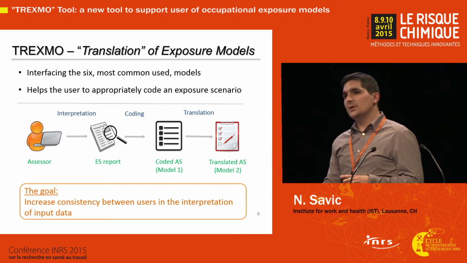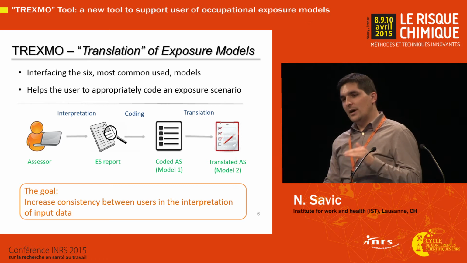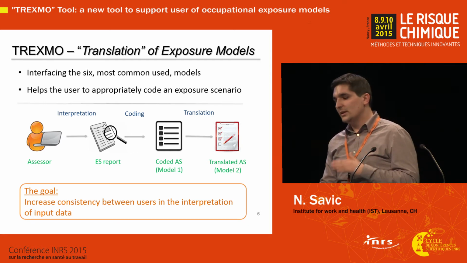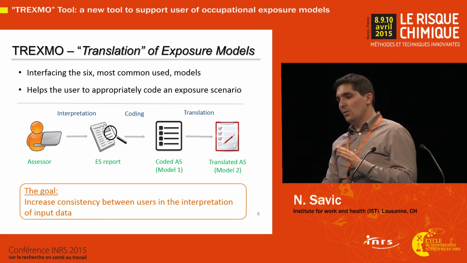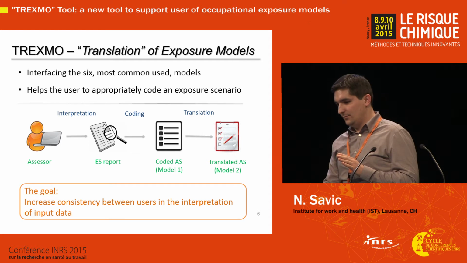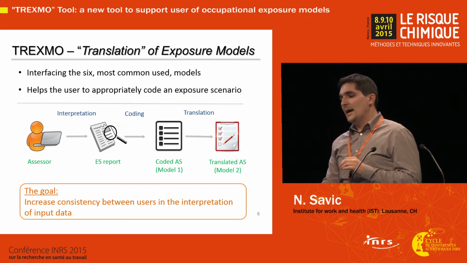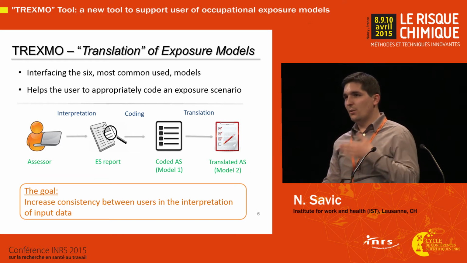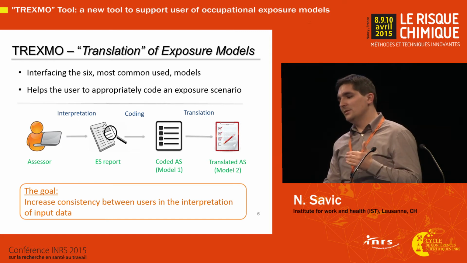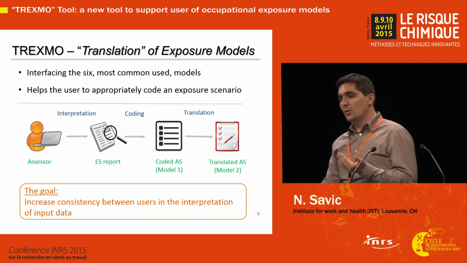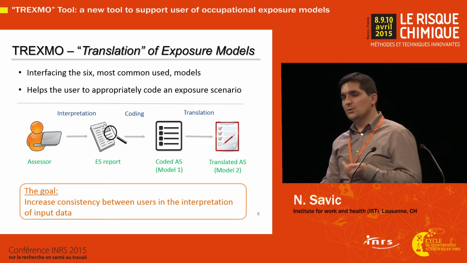He will be able to give the list of all needed inputs for every determinant in just one of the models, or he can use 2 or 3, but the main principle is that he only needs to define it in one of the models. At this point, in a translation system, he will be able to get the appropriate analog exposure scenario with all analog exposure inputs for every determinant in another model used in this tool.